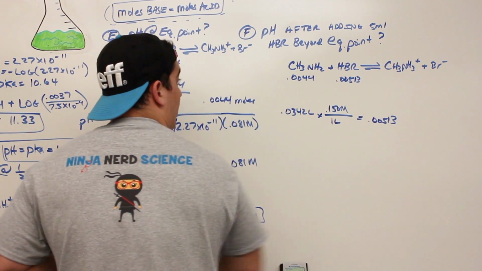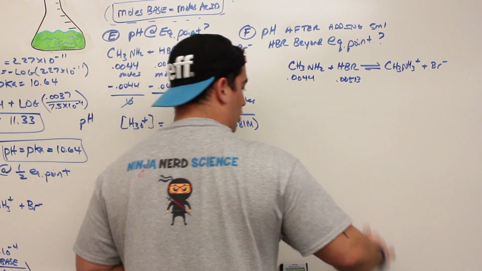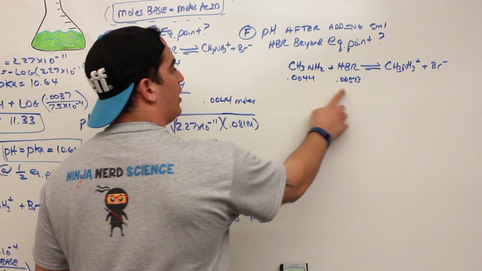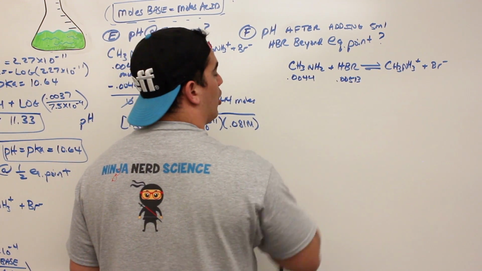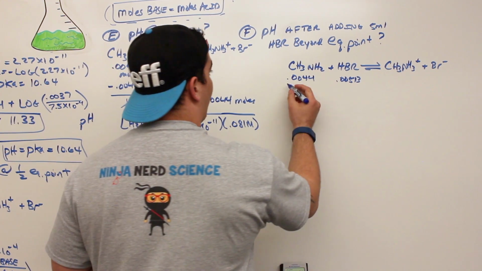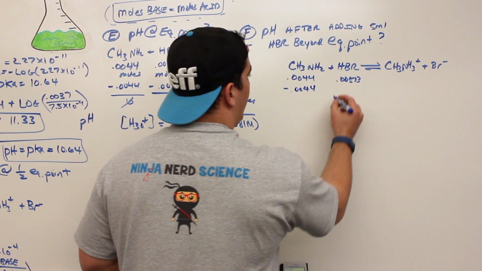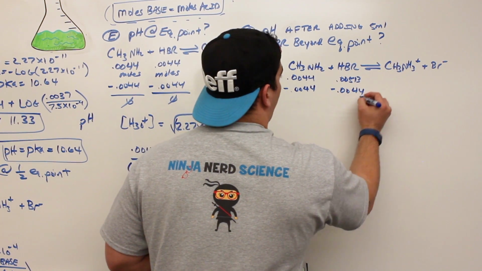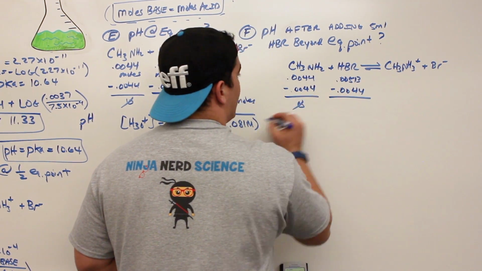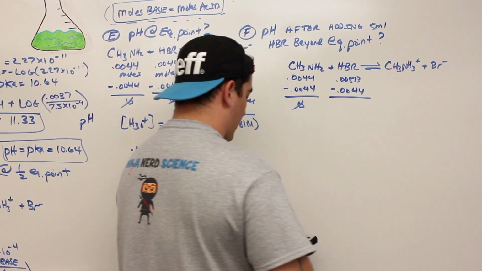Cool. Now what do I have? I have to subtract the one who's lower in amount, right? Which one of these is basically our limiting reagent, the one in the lower amount? The methylamine. He's going to run out first. So we're going to subtract 0.0044 moles here. Here we're left with 0. Here we're left with what? Okay, let's do that.